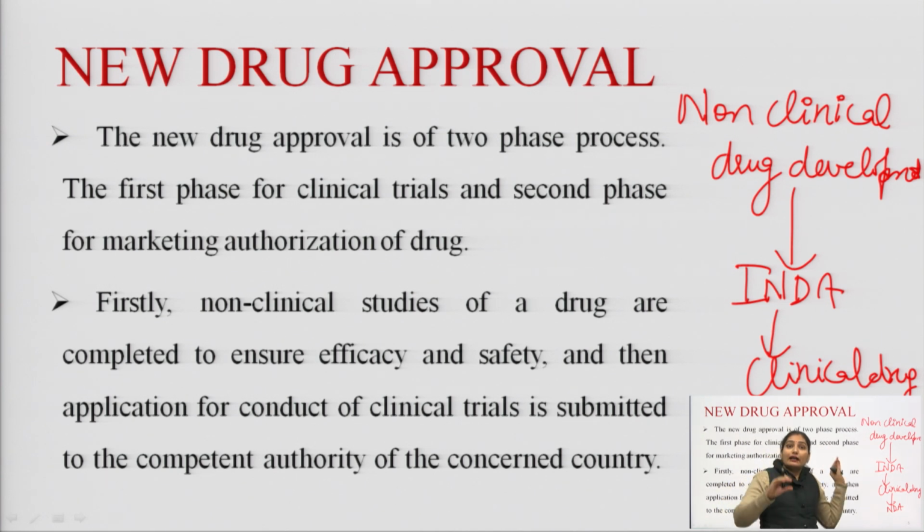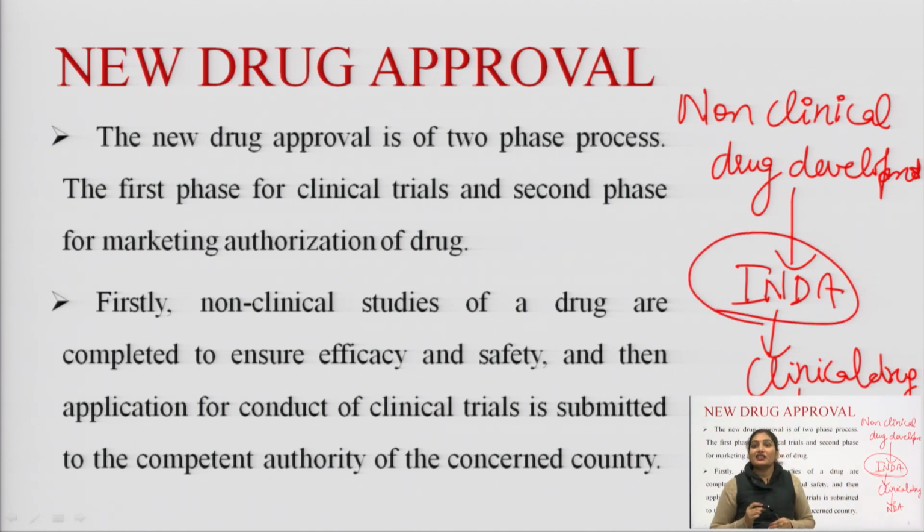Okay. And with the help of these non-clinical studies, the sponsor or the companies will get the efficacy and safety data of the drug product. Okay. They will get the optimized dose of the drug product, and after this the applicant or the sponsor wants to try this drug product on humans. Okay. For this the application is submitted and that application is known as the INDA, investigational new drug application.